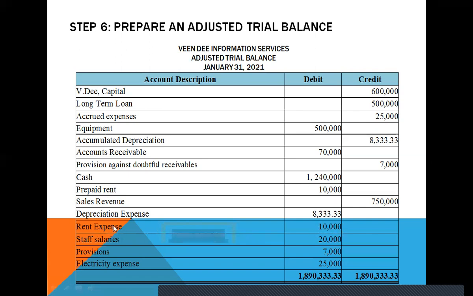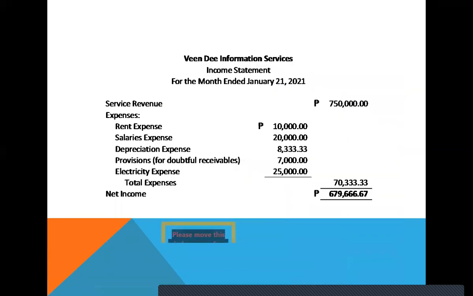So you have now rent expense of 10,000 pesos. Sales revenue, 750,000 pesos. Depreciation expense of 8,333.33. Salaries, the same, 20,000 pesos. So your total debit is now 1,890,333.33, and your total credit is 1,890,333.33. So it's balanced.